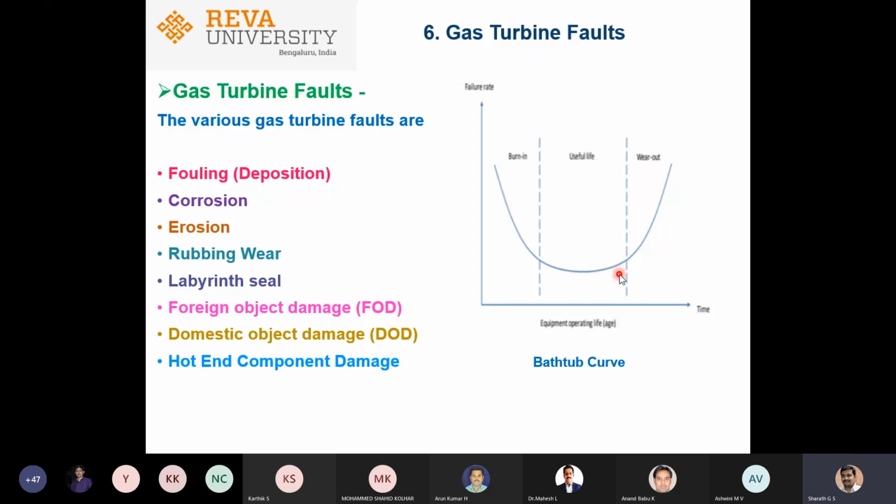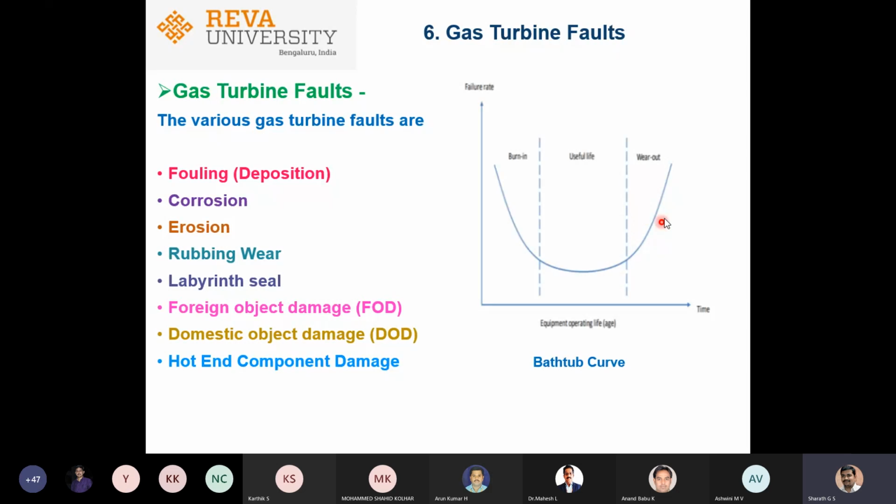Then towards its end of life, the total technical life, for example, as we were discussing the 3600 TTL of an Aero engine, when it is nearing that, the wear-out again increases, the failure rates become higher, and they become more important.